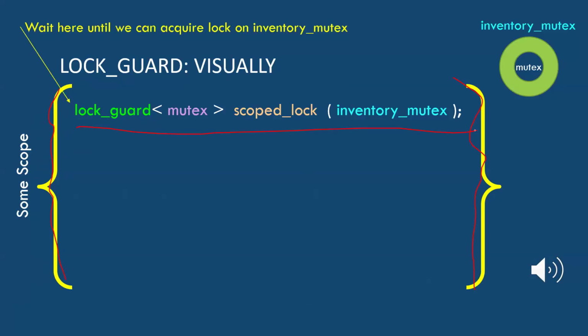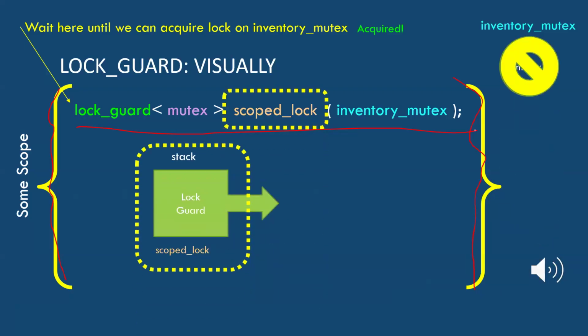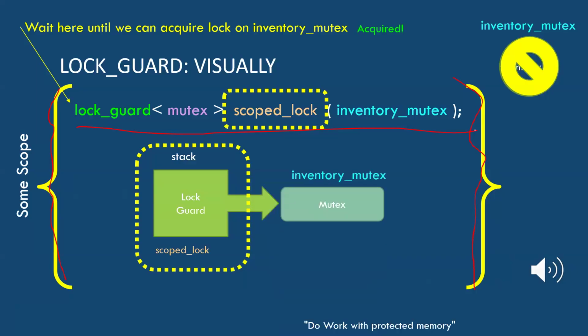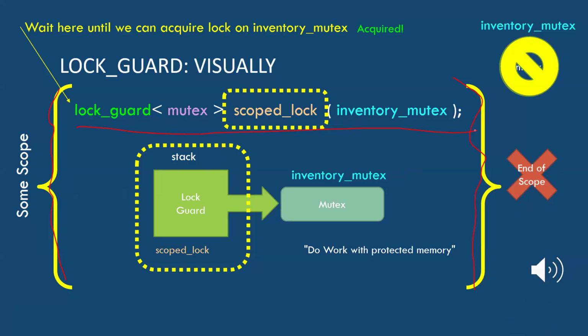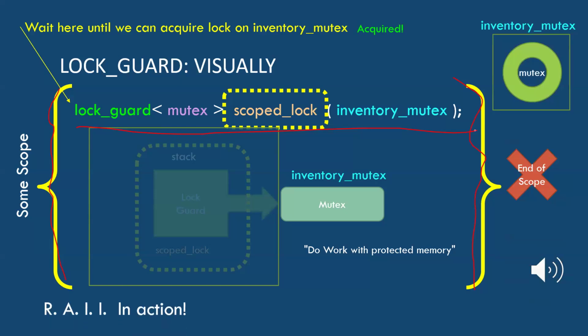And when we leave that scope, that will acquire the lock or freeze at that point. Either one, it depends on the situation, because it's our scoped lock guard. Then we can do some work if we do acquire the lock. At the end of that scope, maybe the end of the function, it's just going to disappear, and its destructor is going to forcibly unlock that thing.